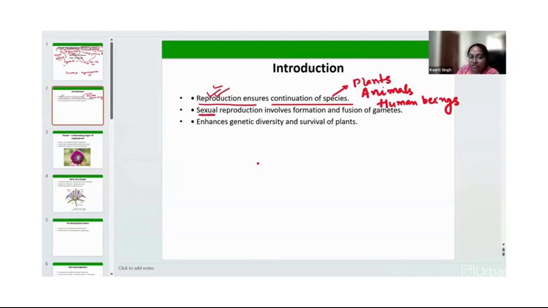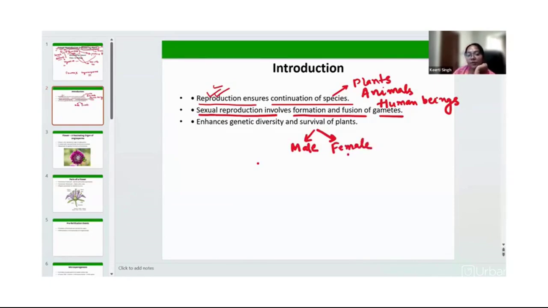Sexual reproduction is concerned with the formation and fusion of gametes. These gametes are nothing but the sex cells. So it must be clear that there must be two partners involved. One will be male, the other will be female.